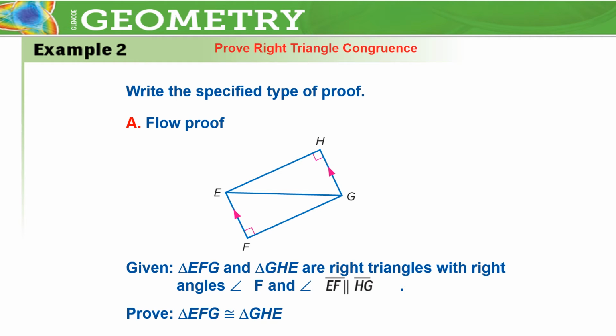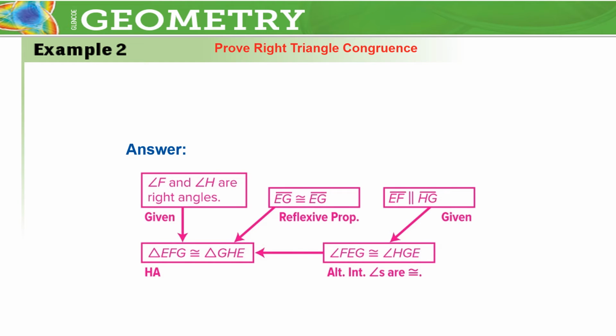Two angles are congruent with two right angles. And here you have a common side, which is EG, and EG is the hypotenuse. So you have H. Then you have to find another angle or other sides. And here a side is called a leg. So you have two right angles, angle F and angle H, and you have common side EG.